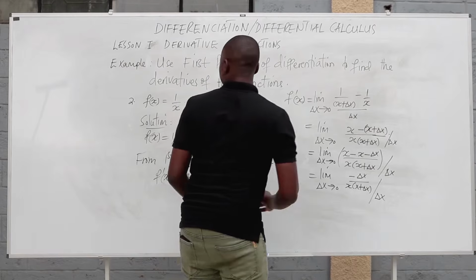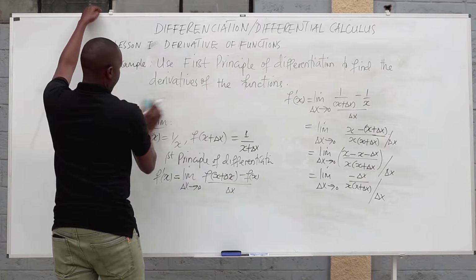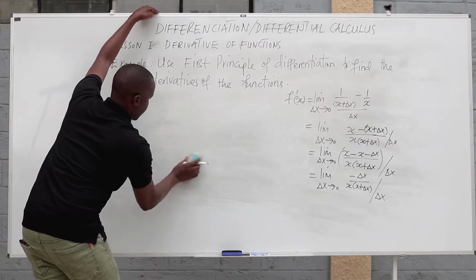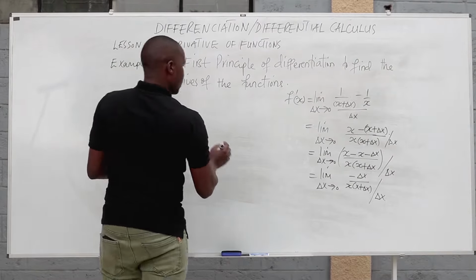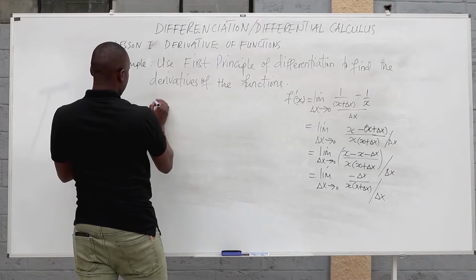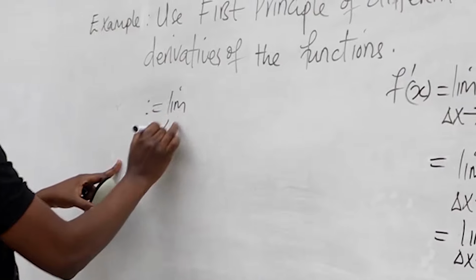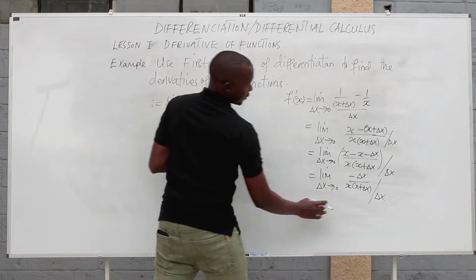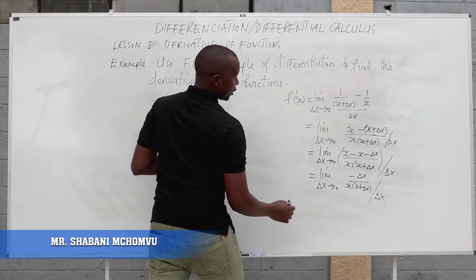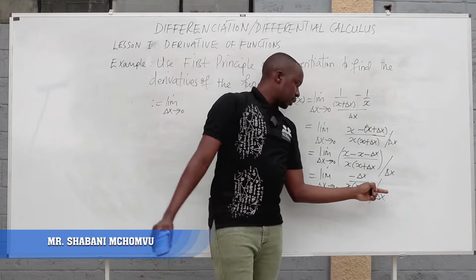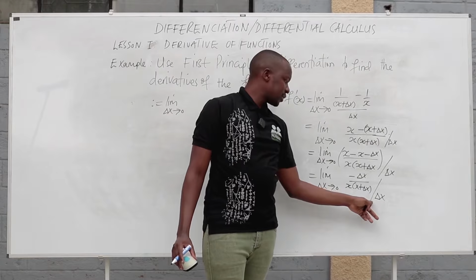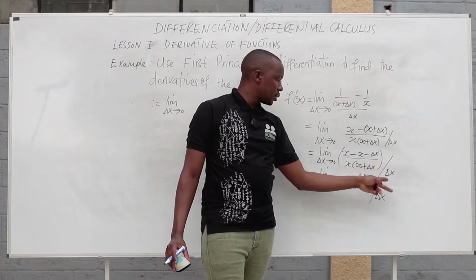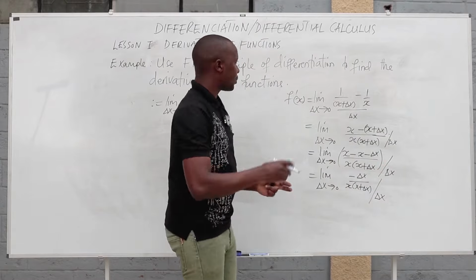So from there, now it becomes the limit as change in x approaches 0, this expression when divided by this one, it means when you change the division sign to multiplication, this one now will come to the top. So we reciprocate.